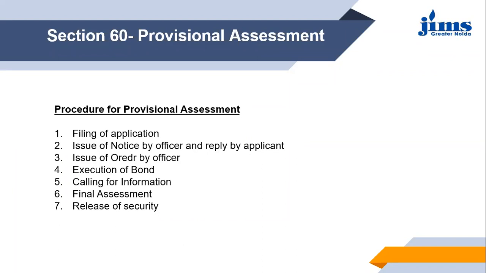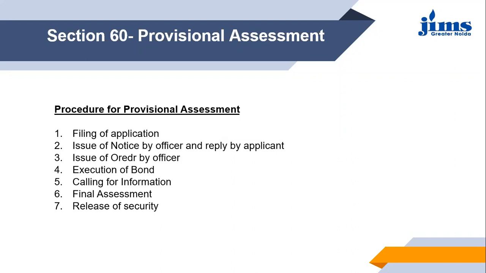So this is the process of provisional assessment, where the taxpayer files an application for provisional assessment. Then after assessing the application, the proper officer issues the notice that he can go for the provisional assessment, but for that he needs to execute a bond and the security.